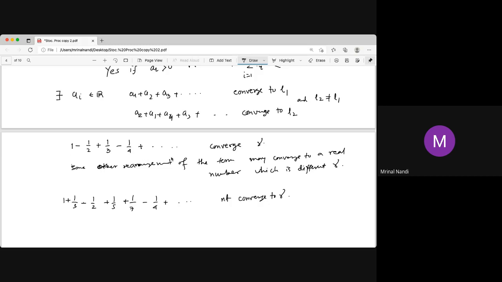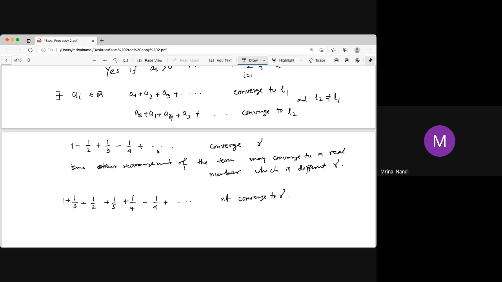And there is a theorem that you can rearrange such that you converge to any real number. This is an interesting theorem by Riemann: in this series, in particular the alternating harmonic series, if you give me any number, say 1, I can suitably rearrange the terms so that the series converges to 1.